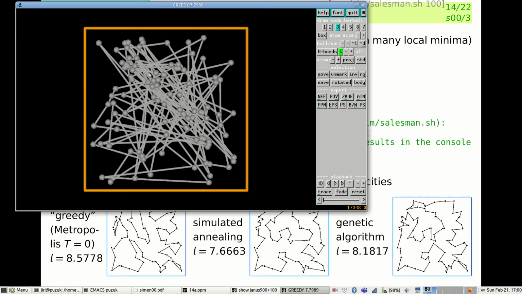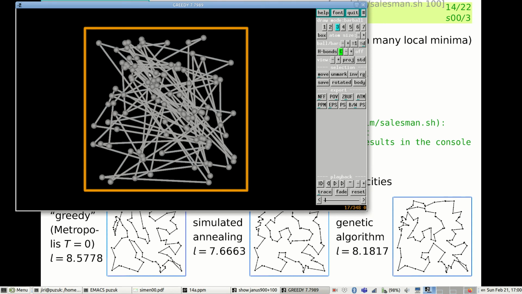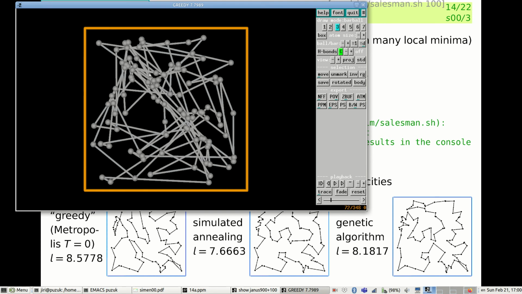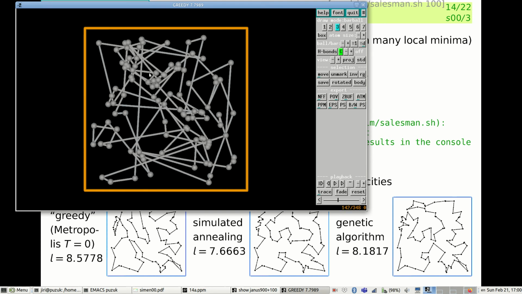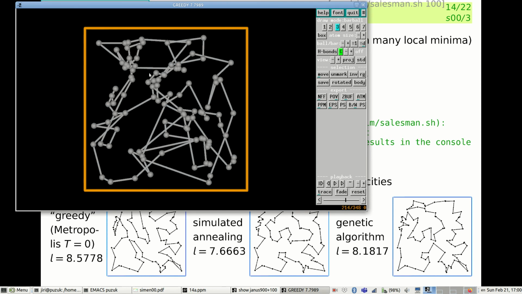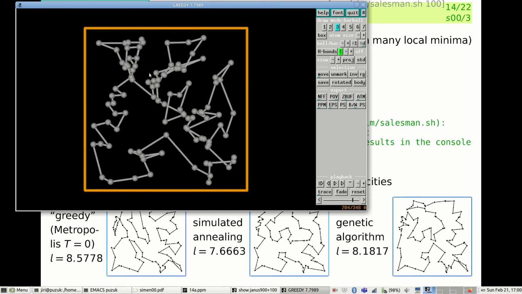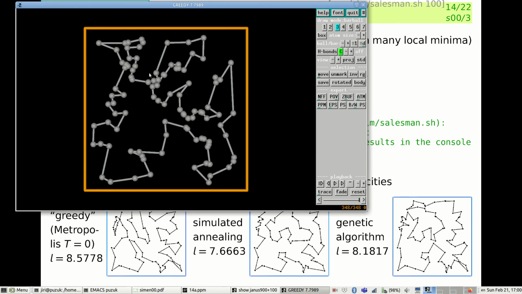One step of the algorithm is just swapping two cities. Here, one step is many such steps. But you can see if I continue, that the configuration changes. It improves. I will go faster, and apparently, in the end, the path is shorter than in the beginning.